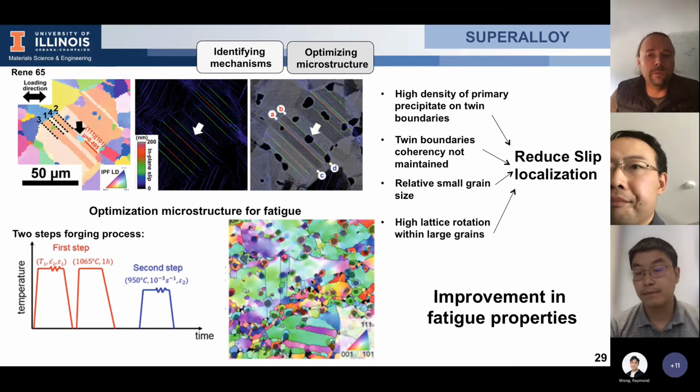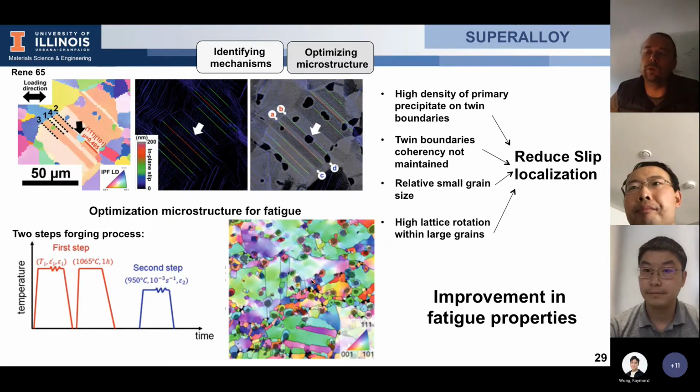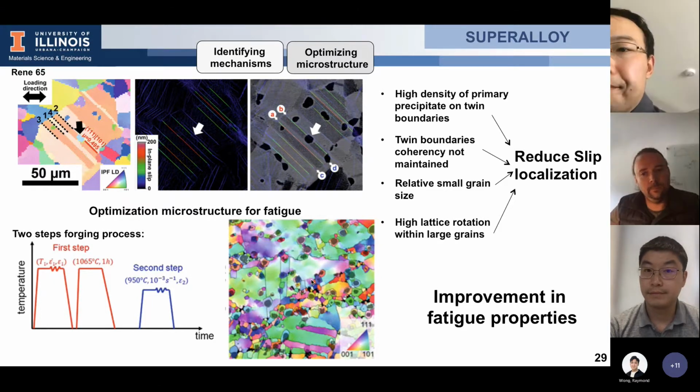If you can prevent the slip from localizing so much, if you can homogenize, then you can improve the fatigue property. It worked very well for fatigue property, and now I'm trying to do that for ductility too. It should be related also to ductility. Okay, that makes sense. Thanks a lot.